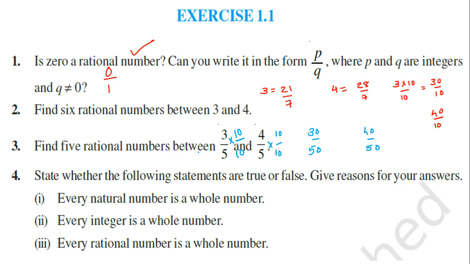Now 1 minute. To whom I am asking, he or she only will reply. Seta Rutvik, Gohil Parthatsi, otherwise our new student Abhishek, anybody can reply. Now I have written here 30 by 50 and 40 by 50, and we have to write five rational numbers. Then suggest what to write.